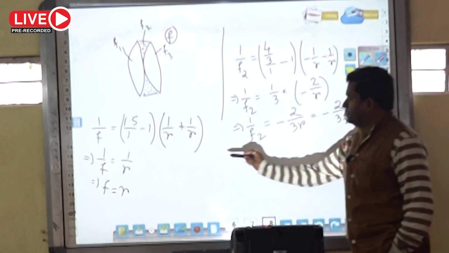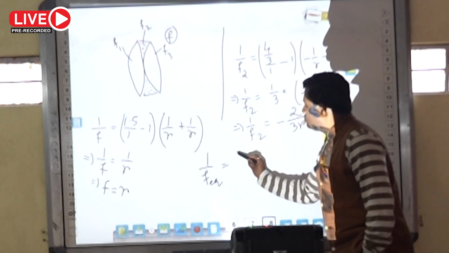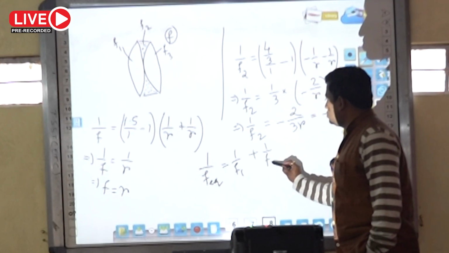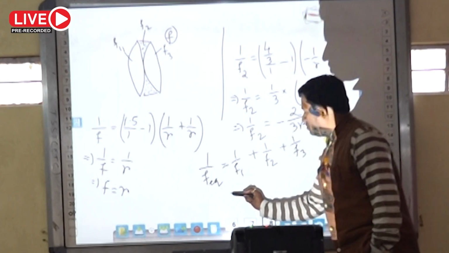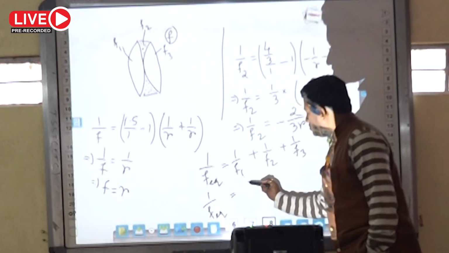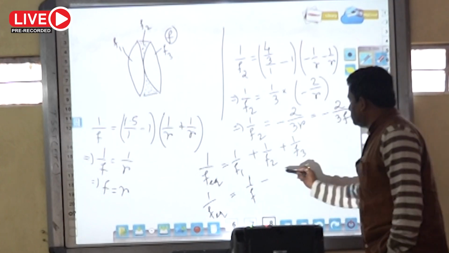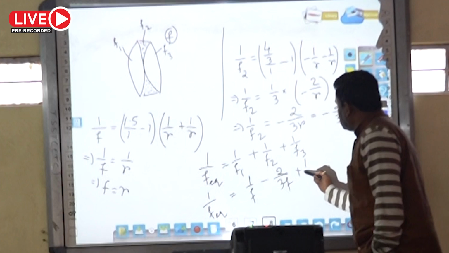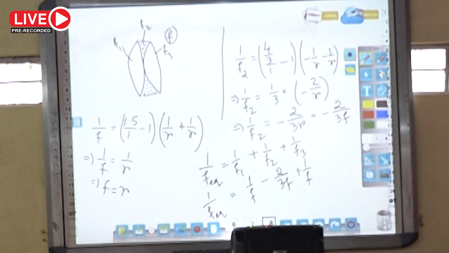Then use this formula, 1/f equivalent = 1/f1 + 1/f2 + 1/f3. Now 1/f equivalent will be 1/f, this one 1/f2 means -2/3f, and that is again 1/f. Calculate f equivalent.